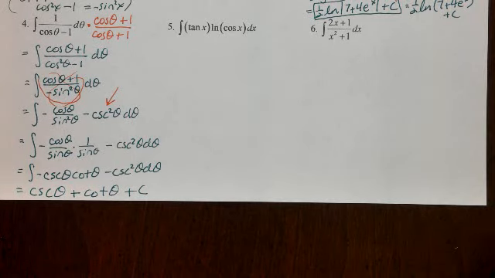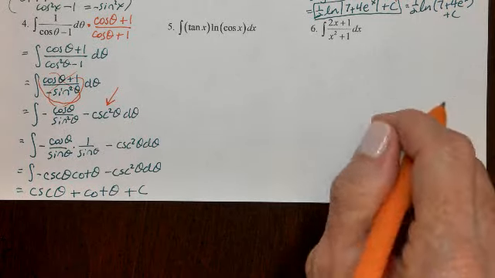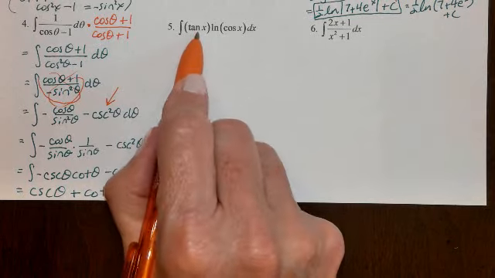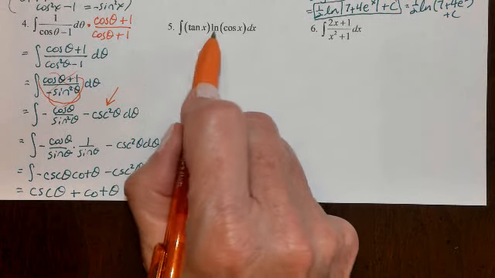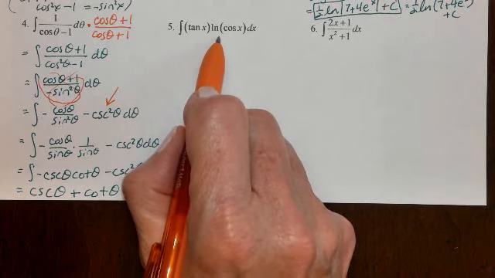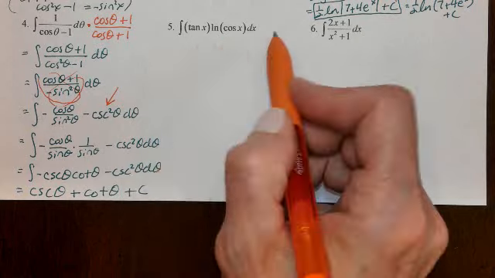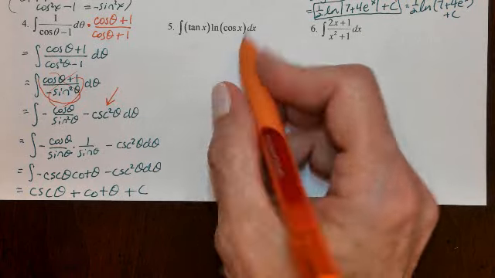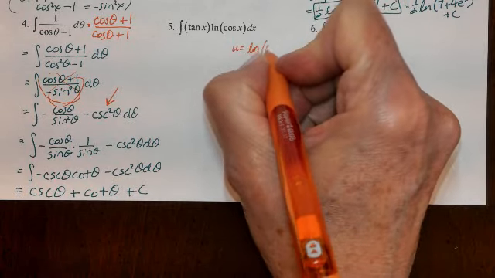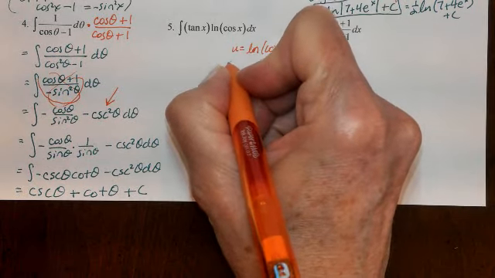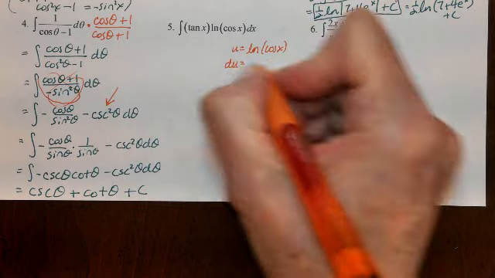Let's try u sub. Okay? If we let u be tangent x, what would du be? Secant squared. Do we have a secant squared? No. So let's let u be the other thing. If we let u be natural log of cosine x, then what is du?